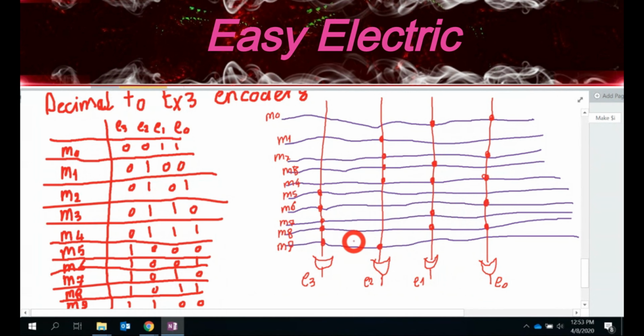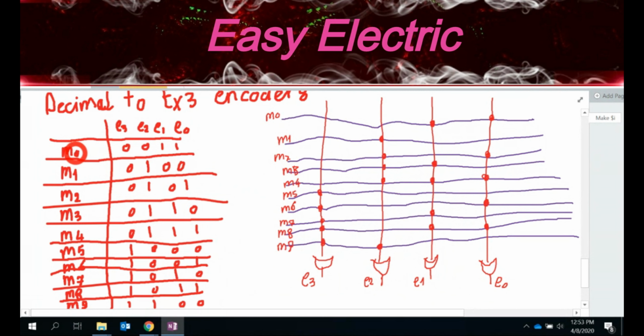So this circuit is somehow an encoder, but it's the encoder which converts decimal to excess-3. If it were a normal encoder, because you have 4 outputs here, how many minterms would you need? 16, right? And you write the binary of that for each of them.